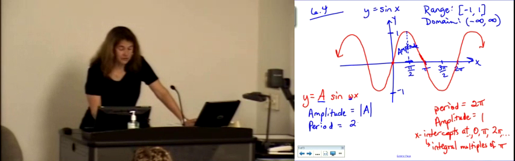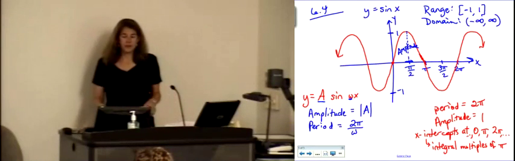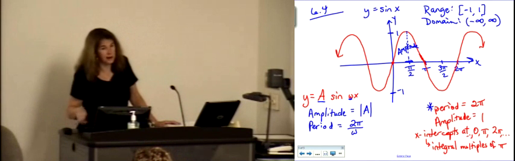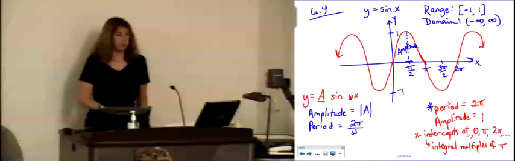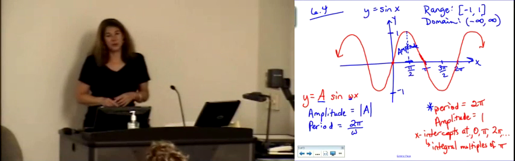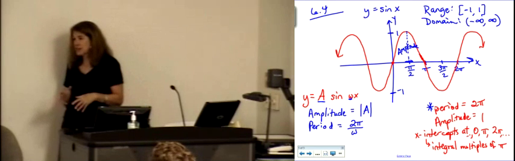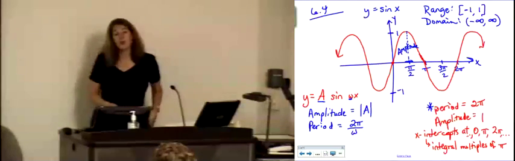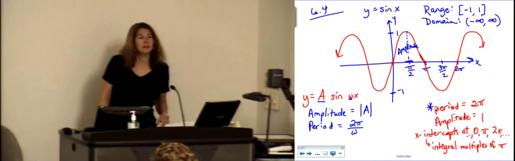The period for a sine function will be 2 pi divided by omega. Now what's happening here is that we said the other day that the period of the sine graph, right over here, is 2 pi. That's if we have y equals sine x. When we start putting other numbers in there, we might have y equals 3 sine 4x. That's going to change the period of the graph. It's going to change the amplitude. The overall graph is still going to have the same shape as the general one we put up here.